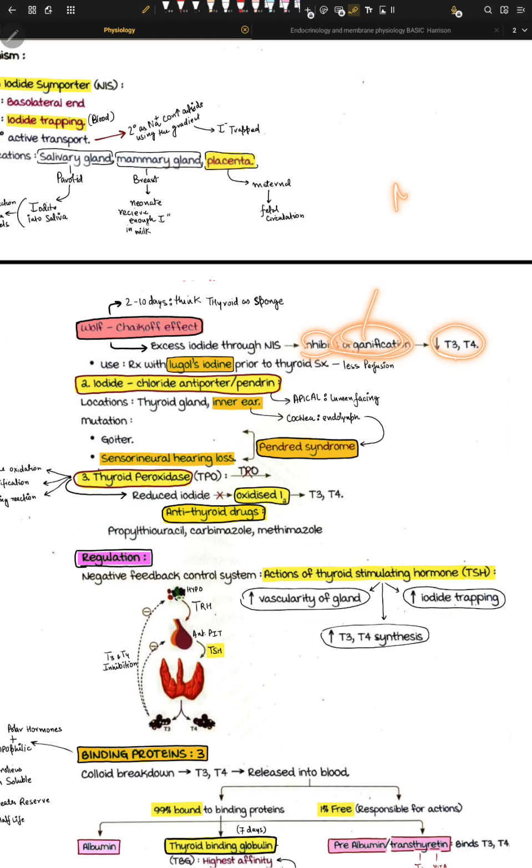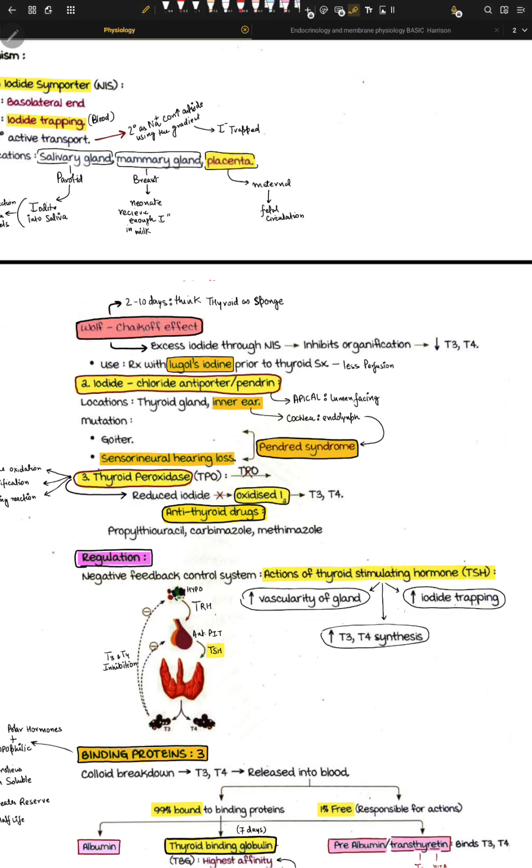Organification means formation of MIT and formation of DIT. So once there is a lot of inactive iodine inside the cell, it will give a negative signaling that, hey, we already have enough iodine, we don't need to make more T3 and more T4, we don't need to make more MIT, more DIT. So this is called the Wolff-Chaikoff effect, right?